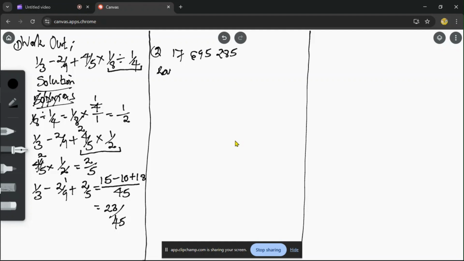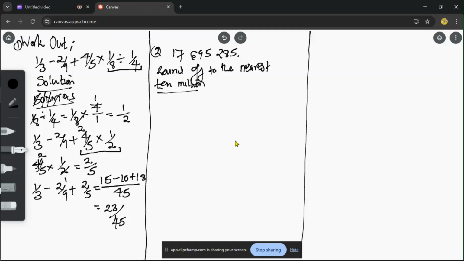The instruction here is to round off to the nearest 10 million.